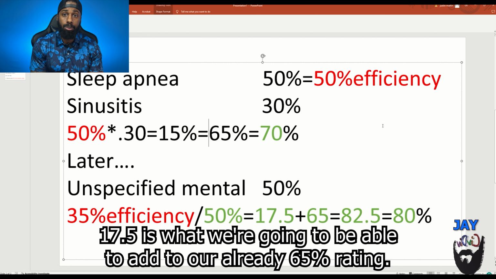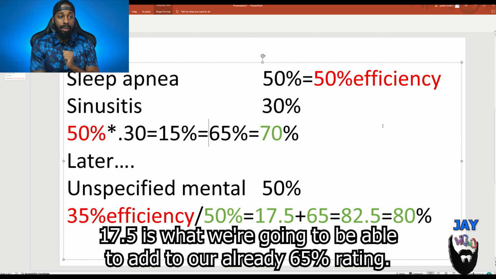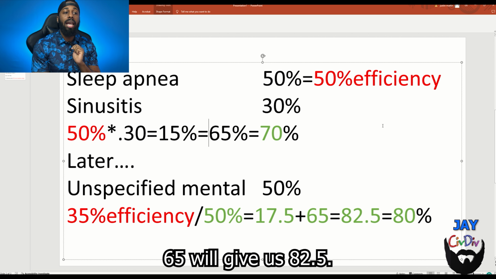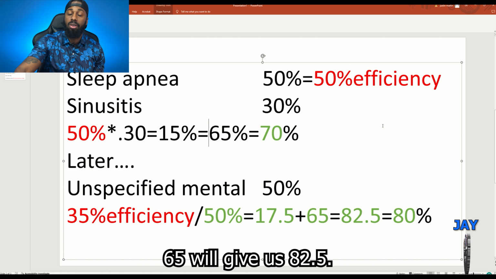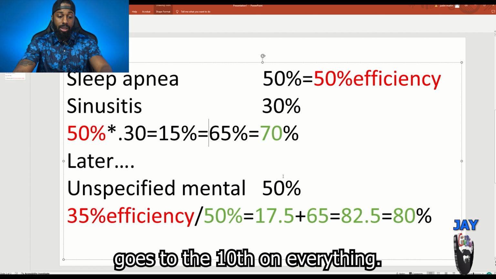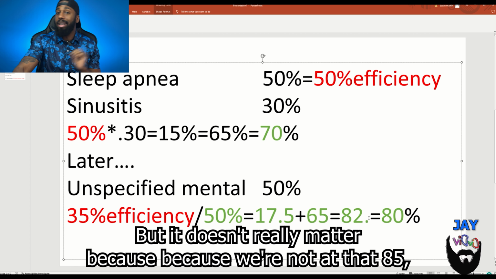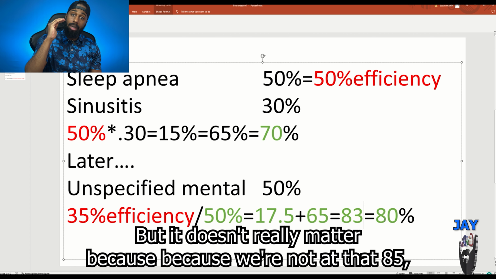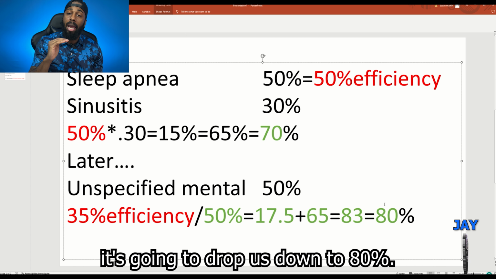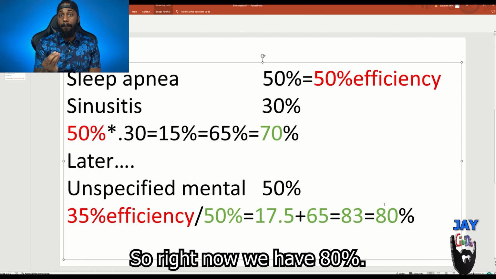So 17.5 is what we're going to be able to add to our already 65% rating. 17.5 plus 65 will give us 82.5. But the VA also goes to the 10th on everything, so it's really going to be 83. But it doesn't really matter because we're not at 85, so it's going to drop us down to 80%. Okay, so right now we have 80%.